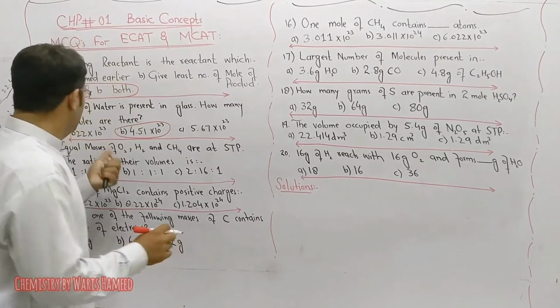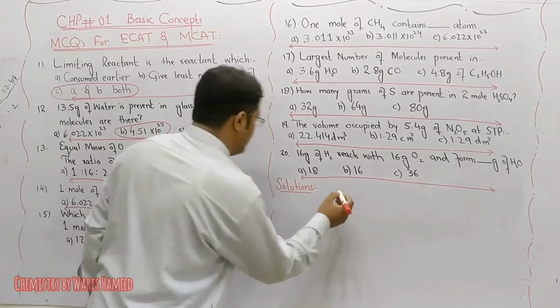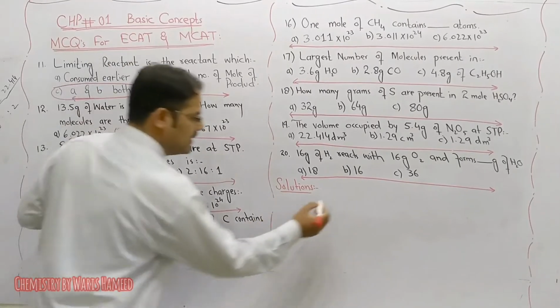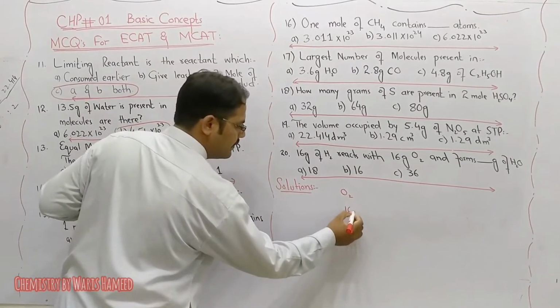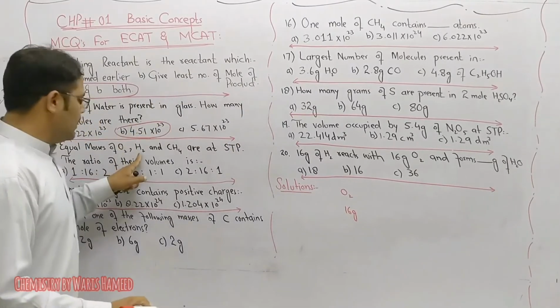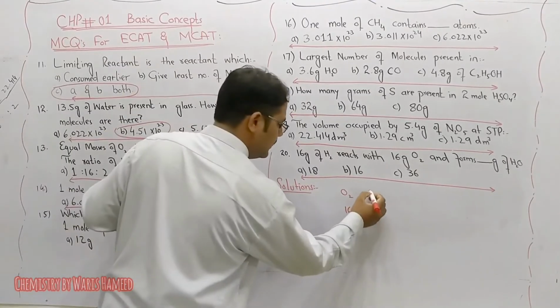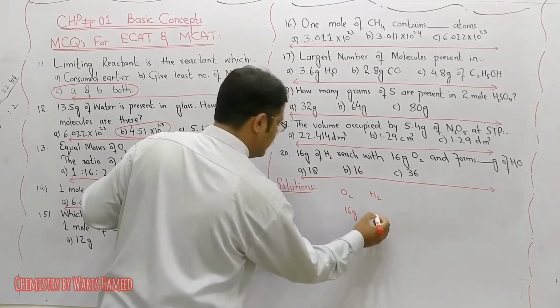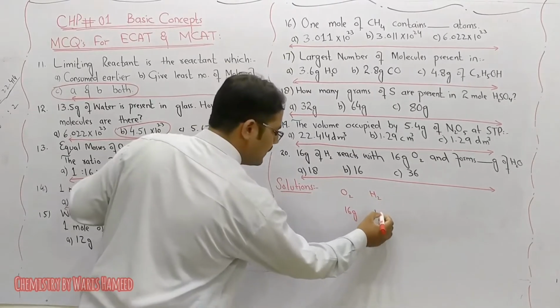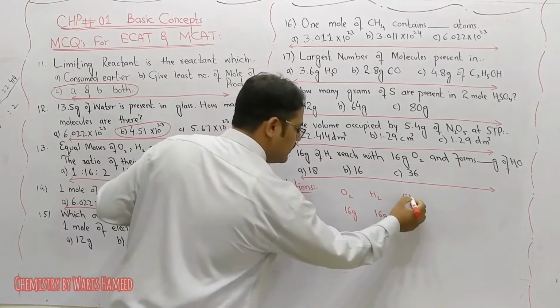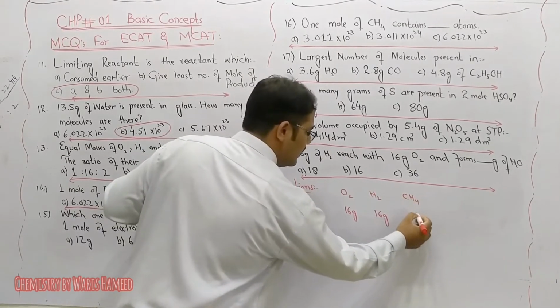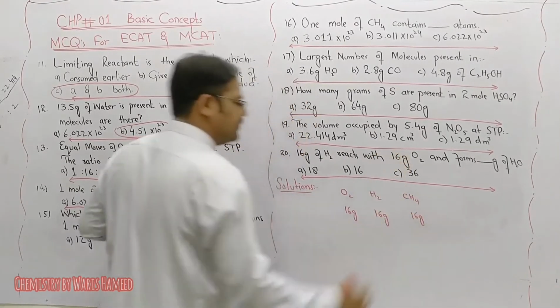For example, we have 16 gram oxygen, O2, 16 gram hydrogen, and methane, it is also 16 gram.